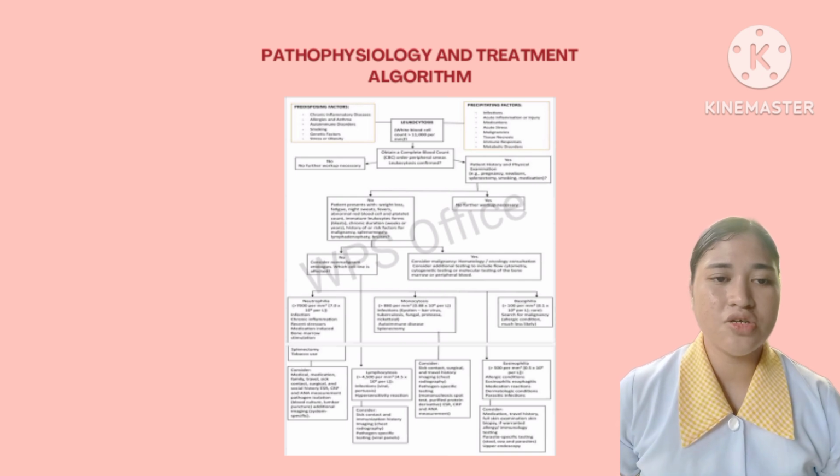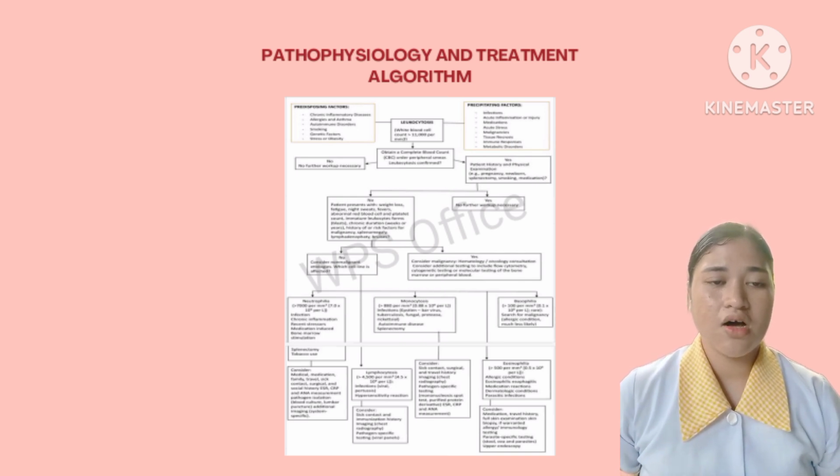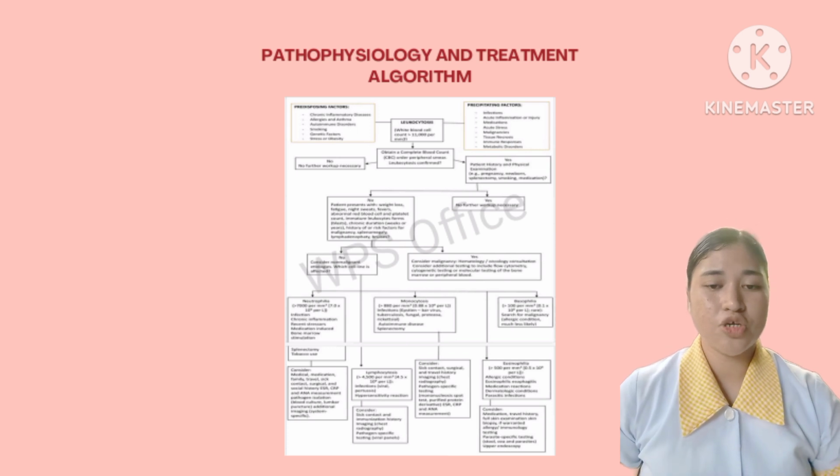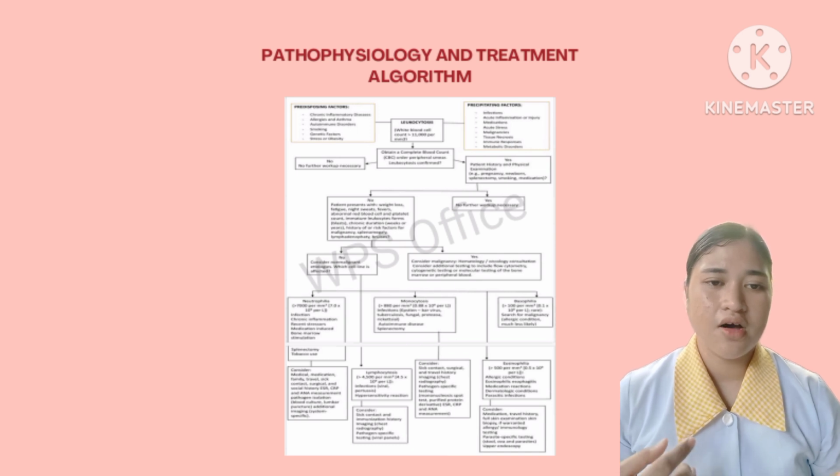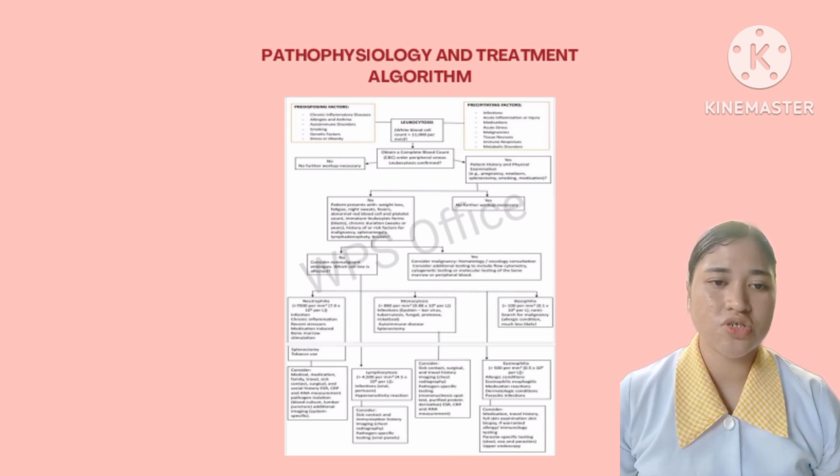And then if eosinophilia is the line affected, it is greater than 500 per cubic millimeter. Causes include allergic conditions, eosinophilic esophagitis, medication reactions, dermatologic conditions, parasitic infections.